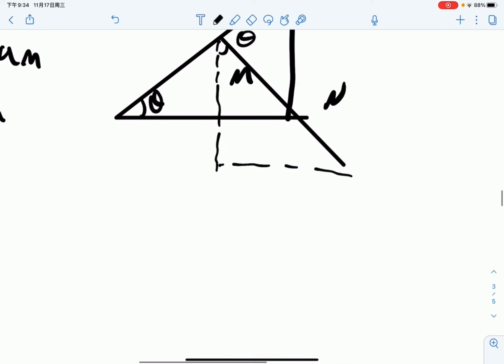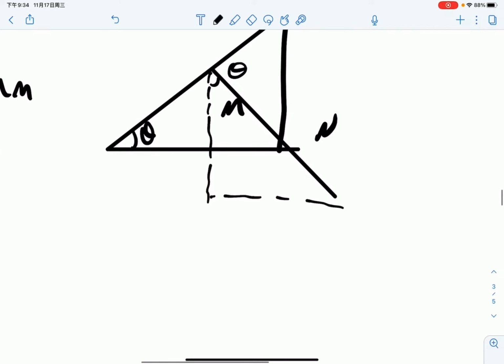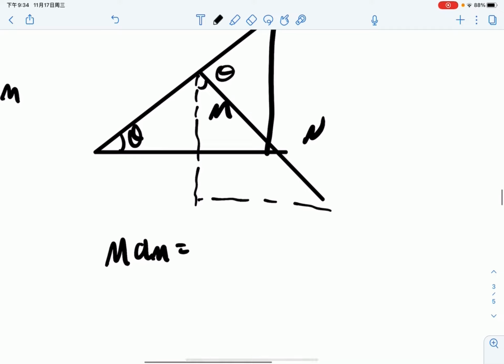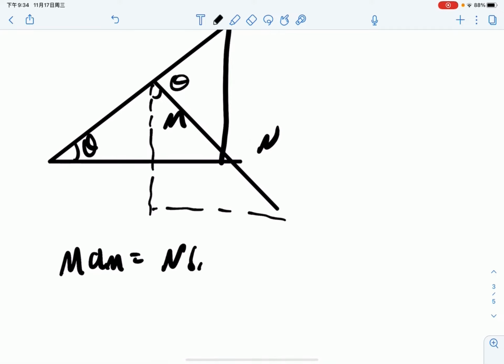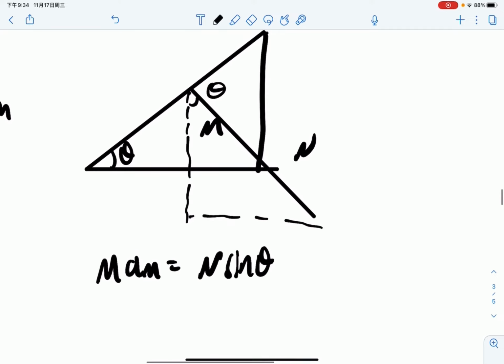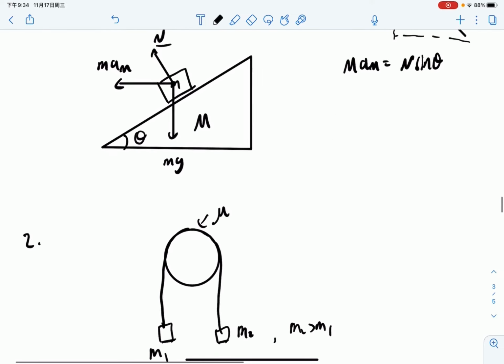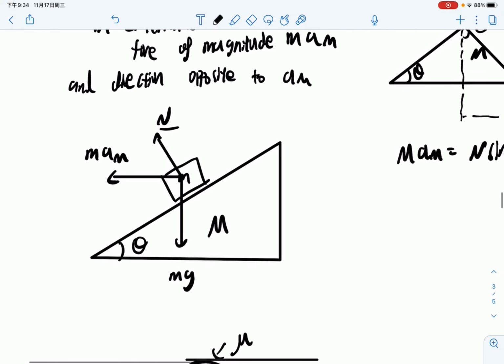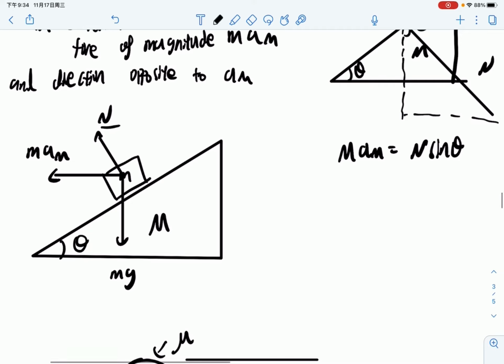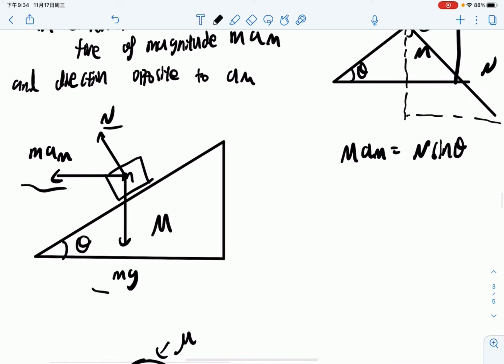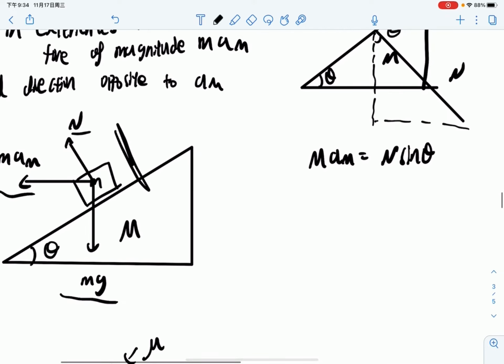So from Newton's second law, we can get big M, a big M, is going to be n times sine. And in this case, we know that these just balance each other out in this direction, the direction that is perpendicular to the plane.